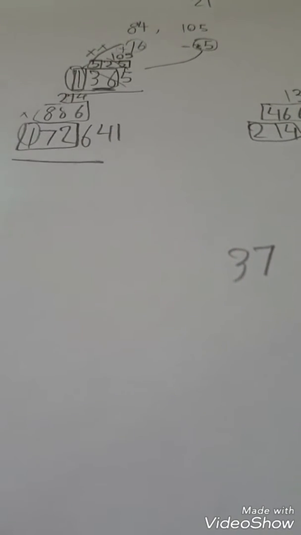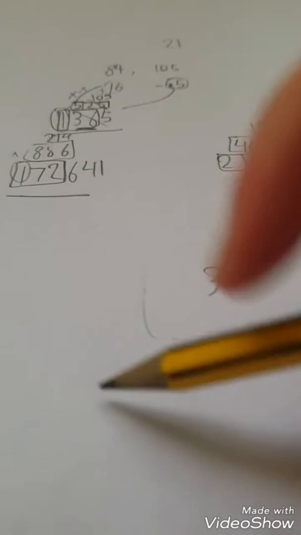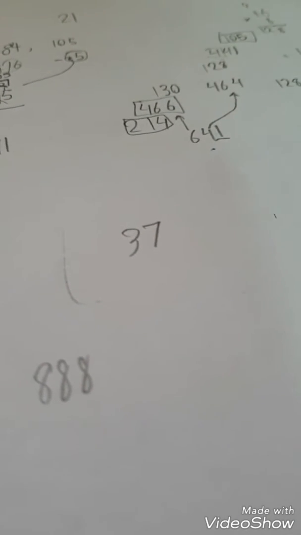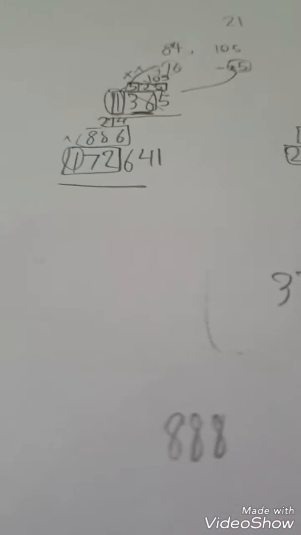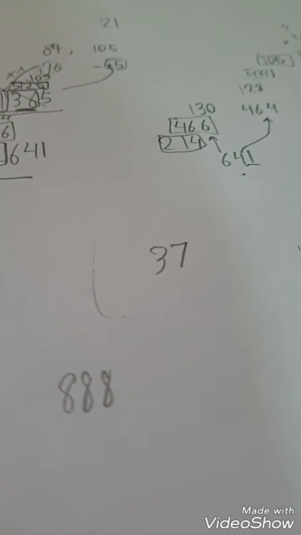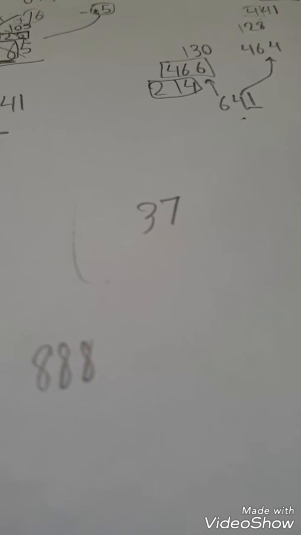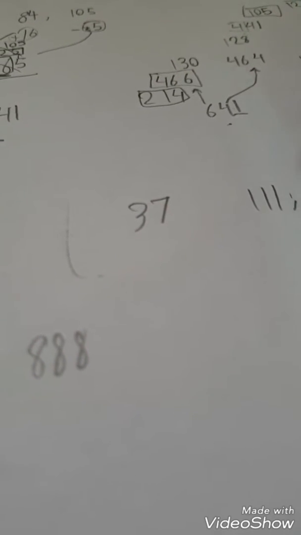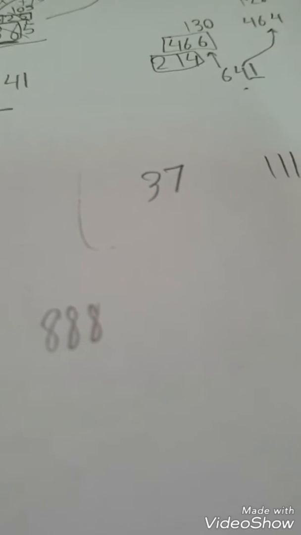Let's see the two numbers nearest to 100 for 37, which is obviously multiply 3, yes, 111 and also 74.